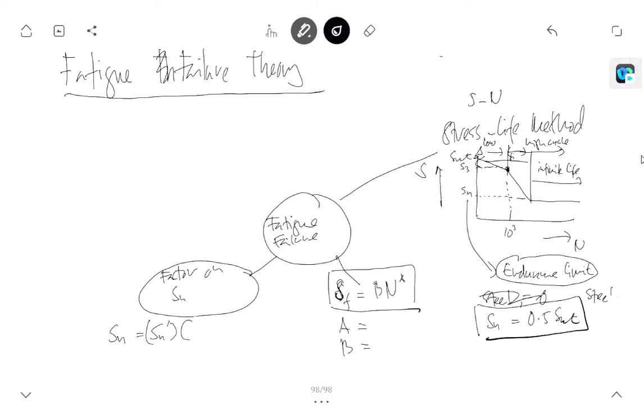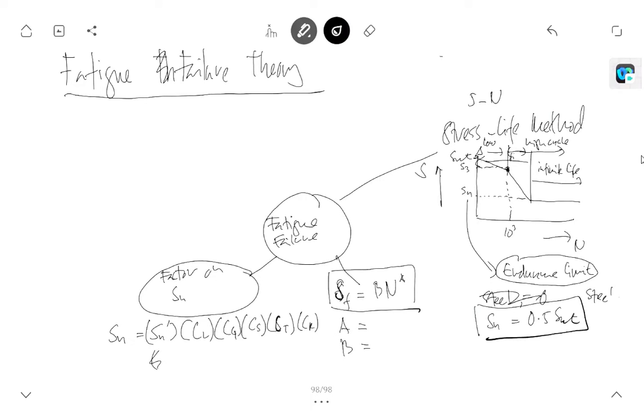So we have load factor, size factor, surface factor, temperature CT, reliability CR, and lastly, that's all.